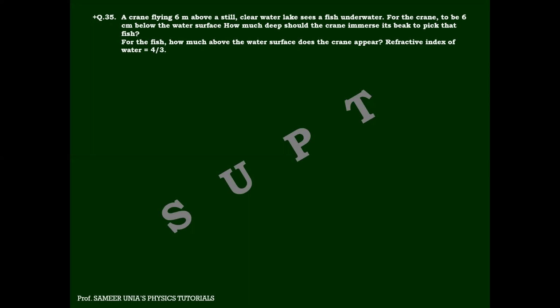A crane is flying 6 meters above still clear water. What this is water. A crane is there over here. It's flying how much? 6 meters. बराबर है क्या? Yes, sir.